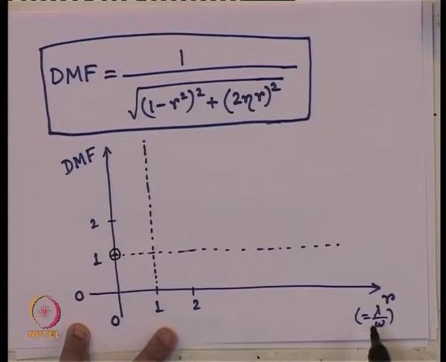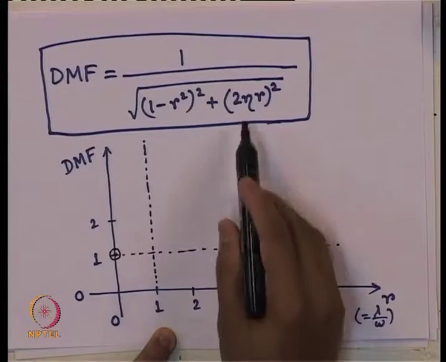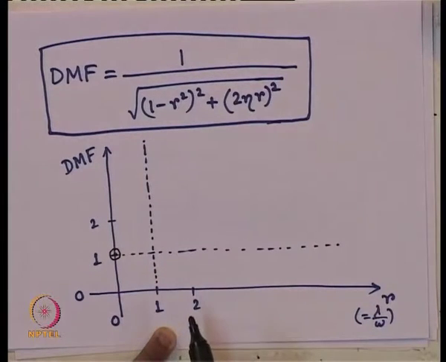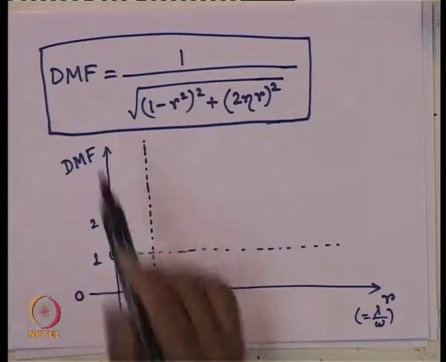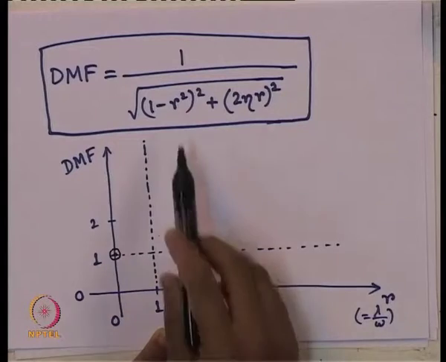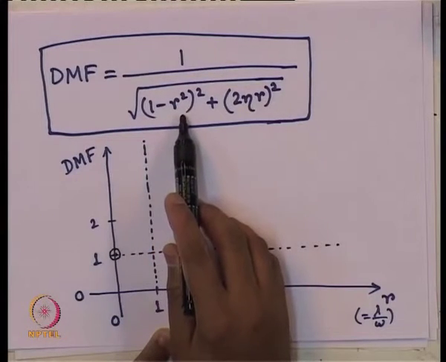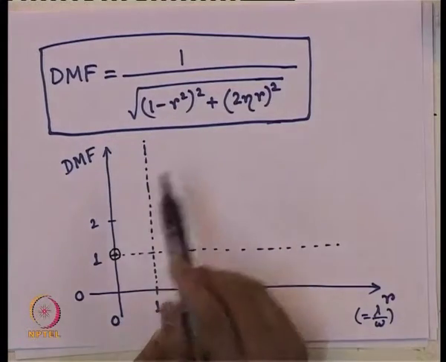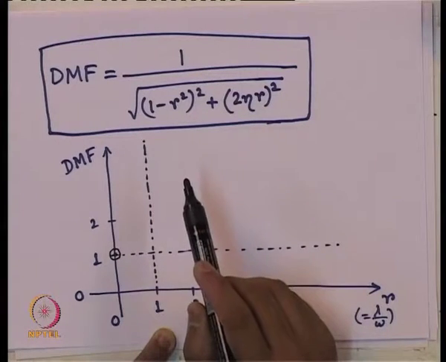Now, let us look when r equals 1 and we have an undamped system, that is eta equals 0. With r equals 1, what should be the value of DMF? R is 1, we are putting it in this, it becomes 0, eta is also 0.